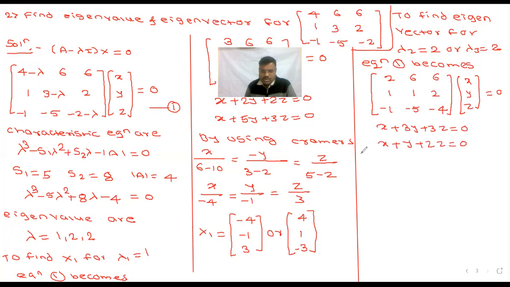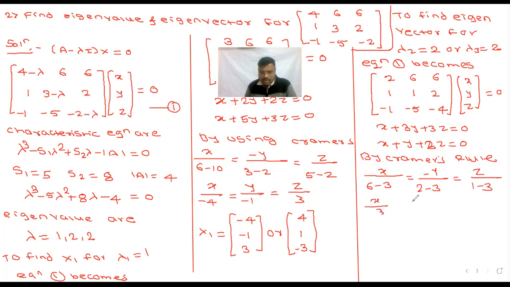By Cramer's rule we got x divided by 3 6 minus 3, minus y divided by 2 minus 3 and z divided by 1 minus 3. So x divided by 3, y divided by 1 and z divided by minus 2. So we got the second eigenvector x2 is equal to 3, 1, minus 2.